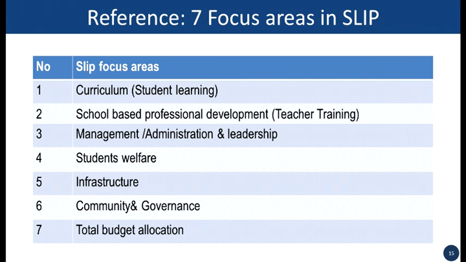These are the 7 focus areas, and I am sure many of you are familiar. Number 1, curriculum, student learning. Number 2, school-based professional development, which is teacher training. Number 3, management, administration, and leadership. Number 4, students' welfare.